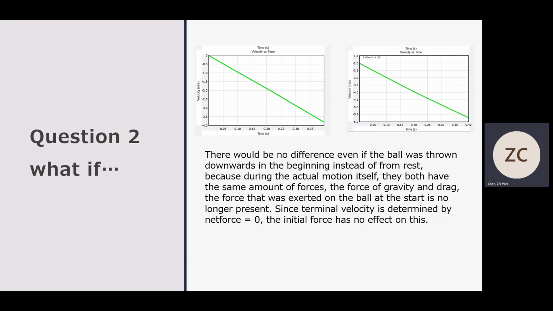The force that was exerted on the ball at the start is no longer present during the movement. Since terminal velocity is determined by net force equal to 0, the initial force has no effect on this. Because during the traveling time, the initial force has no effect on the net force.